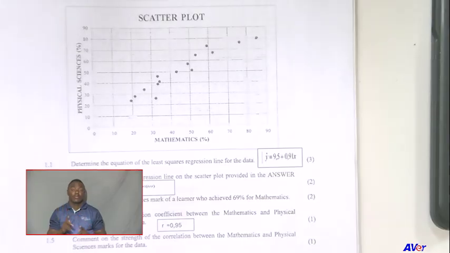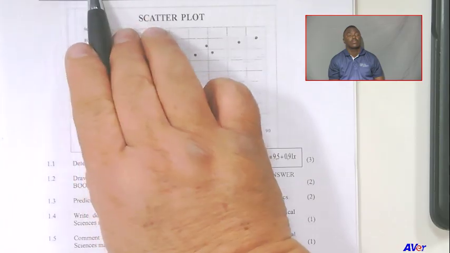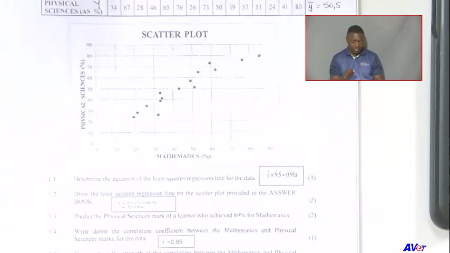They say, predict the physical science mark of a learner who achieved 69% for maths. So people, maths is an x value, correct? The first row is x, your second row is y. Is that clear?